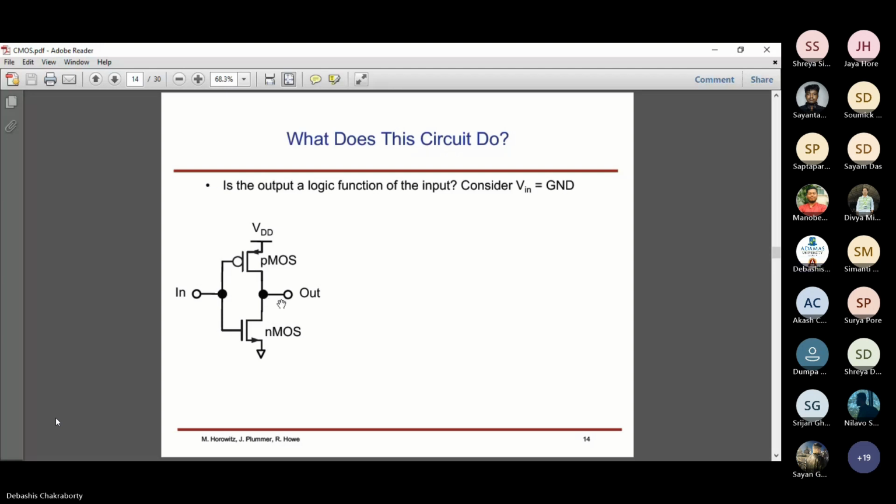So this CMOS has one single input, which is connected to the common gate, and the output is taken from the common drain of both the PMOS and NMOS. So CMOS has a single input and single output. Where do we apply the input for CMOS? The common gate.